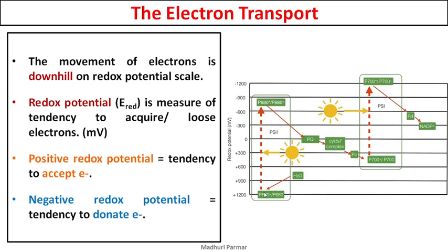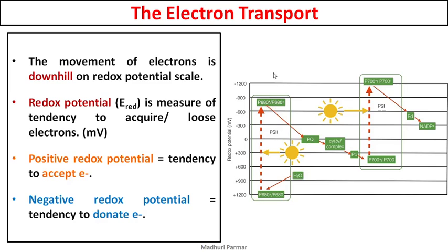Can you see here you have this P680, which is PS2. This PS2, with the help of sunlight, is getting excited. This star shows that excitement, that it is in excited state. As you can see, its redox potential is going from positive, which means tendency to accept electron, to negative, which means it is now capable of donating the electron.